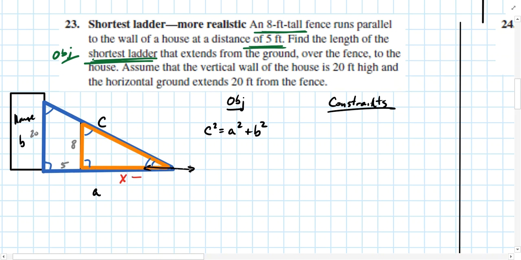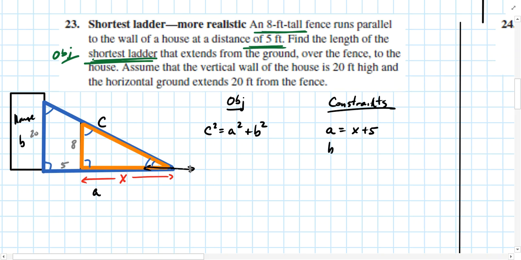So X is the distance where the ladder potentially could slide and settle at, the base of the ladder that is, and 5, of course, is the distance to the wall. So with that known, we could say something like this, that A, the base of the blue triangle, is simply equal to X plus 5, whatever X is plus 5.